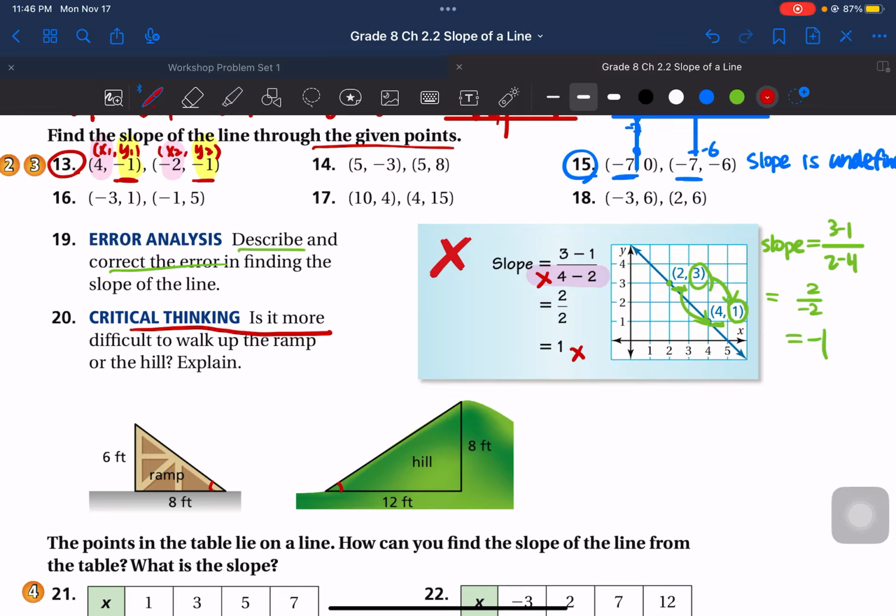So for the first one, our slope is rise over run, rise a vertical change, which is a positive 6, over run, which is 8. So you can pretend you're going from the upper point to the down point, okay?